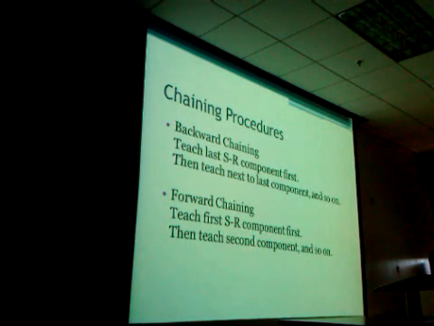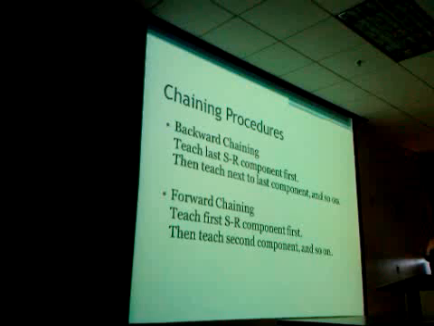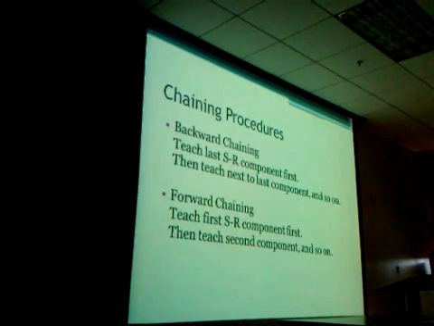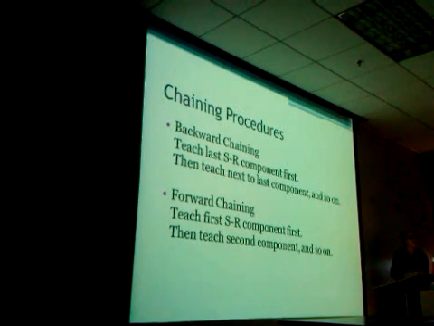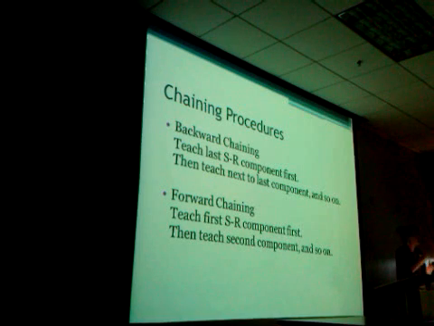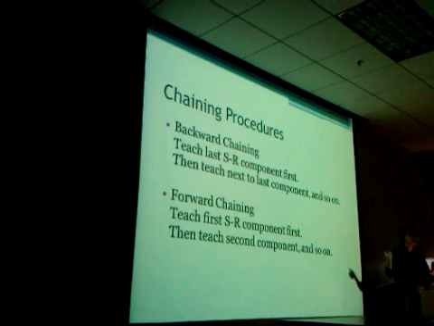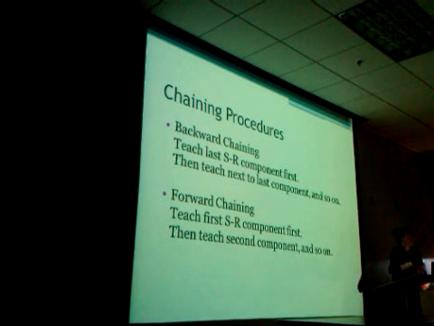It just depends where they're having problems with the whole chain. So some might have the ending down really well, but it's getting them started, so you'll have to work on forward chaining. Or it could be vice versa, right? They are able to independently start off the behavior right, but the last part, putting the towel away, that's where they have a problem. So then that's where you would start.